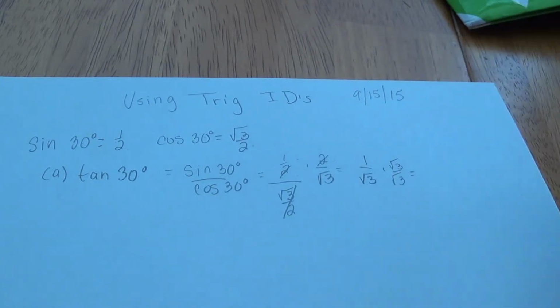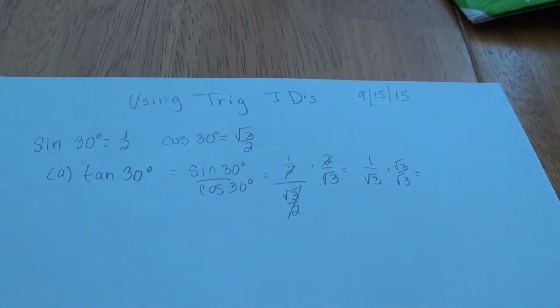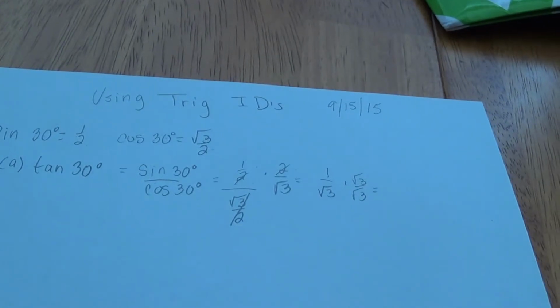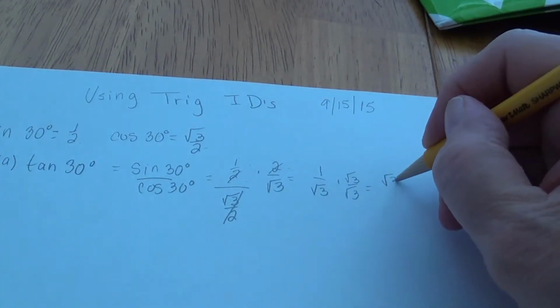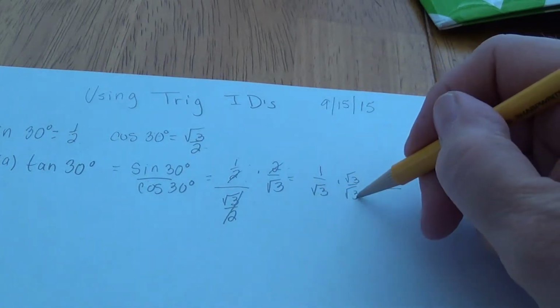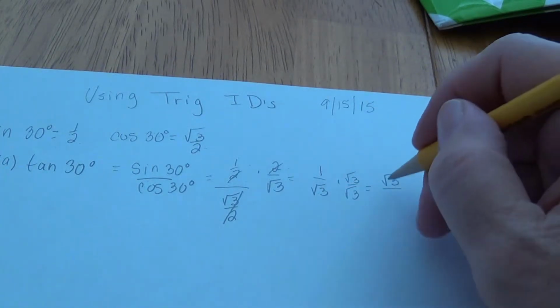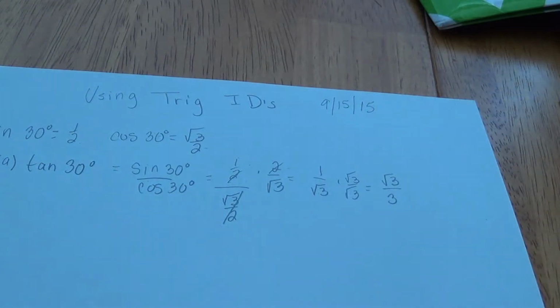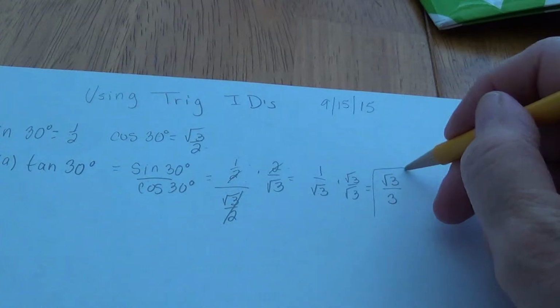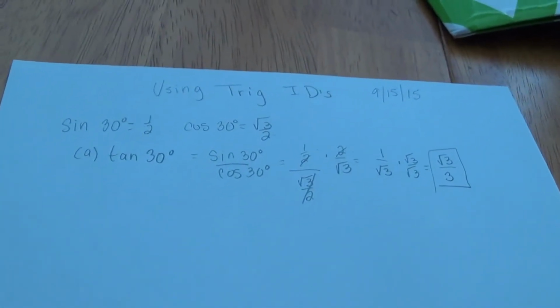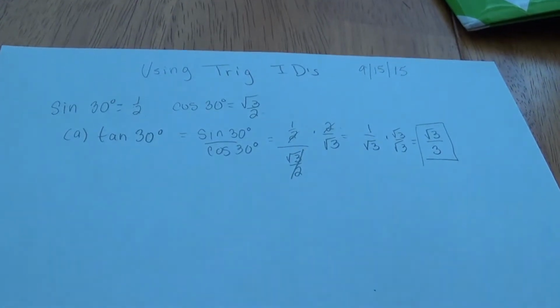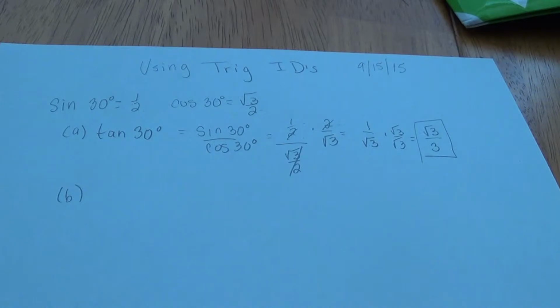Multiplying by square root of 3 over square root of 3, we get the denominator cleared of those pesky radicals, and that gives us 1 times the square root of 3 over, what's the square root of 3 times the square root of 3? Regular 3. So the correct answer is square root of 3/3. And again, we could have gotten that from our knowledge of that special triangle, but I wanted to show you a different method, and you'll be using that method tomorrow.